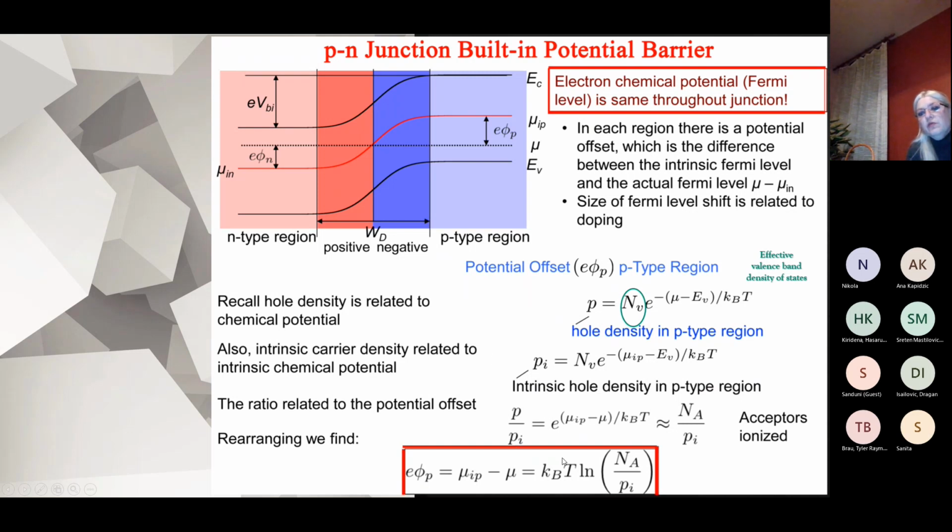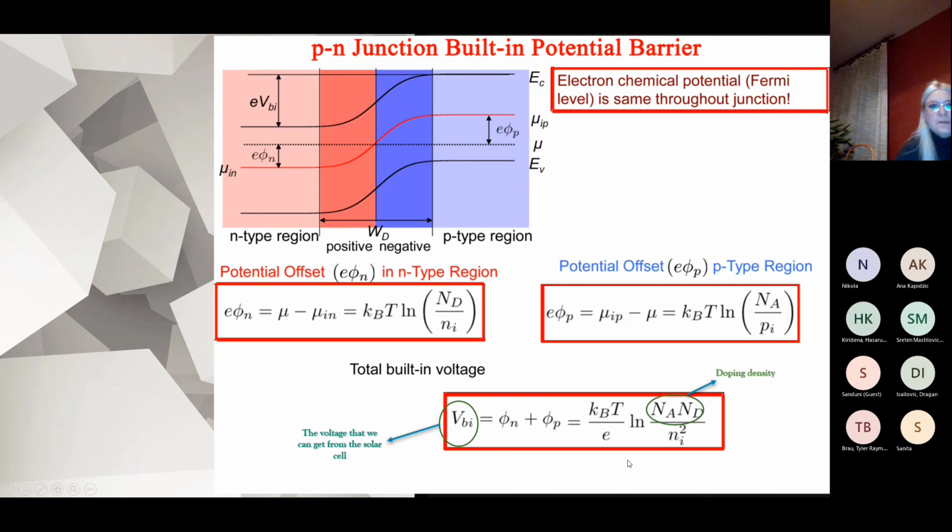We also end up with an equation that depends on the number density of acceptors, and if we are far away in the p-type region and all acceptors are ionized, the number density of acceptors is equal to the number density of holes.